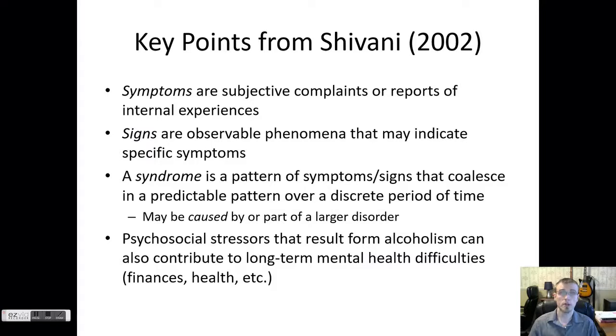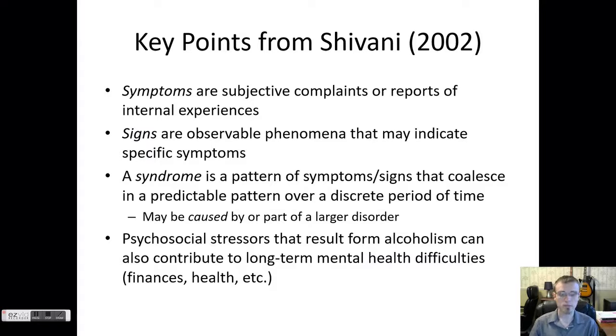So a disorder would be the full condition, right? Where a syndrome could be a part of a larger disorder. That may make more sense as we look into this a bit more, but it's mostly just important to observe that sometimes a syndrome may not in itself represent a full disorder of some sort. It may be some kind of temporary experience somebody is having that in itself we wouldn't consider to be an independent disorder of some sort.